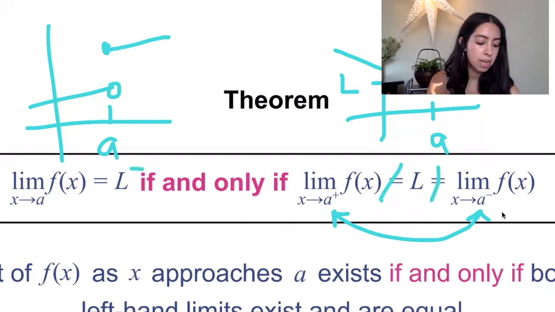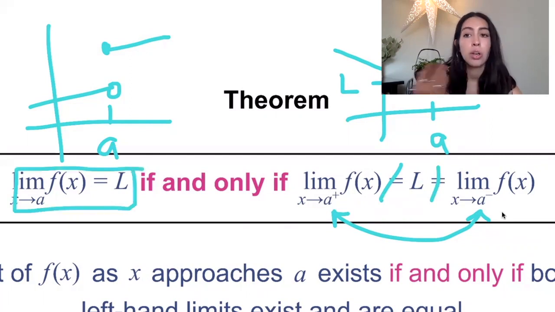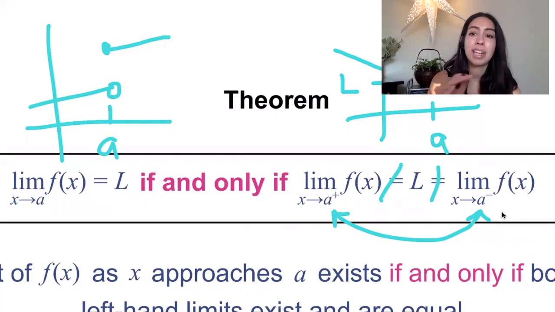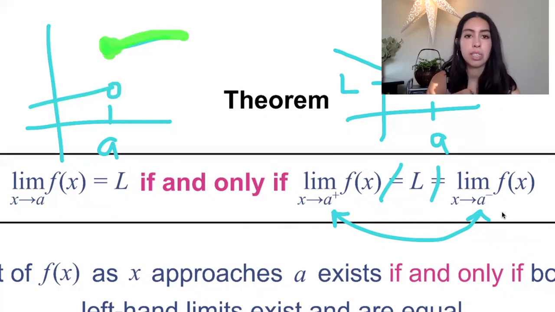Therefore, the limit as x approaches a does not exist. Now, this is not to say that the limit from the left doesn't exist, because we can see here that the limit from the left is whatever y value this is, and the limit from the right exists. We can see here it's whatever this value is. However, the total limit, so as we approach this a value from both sides, the limit does not exist.